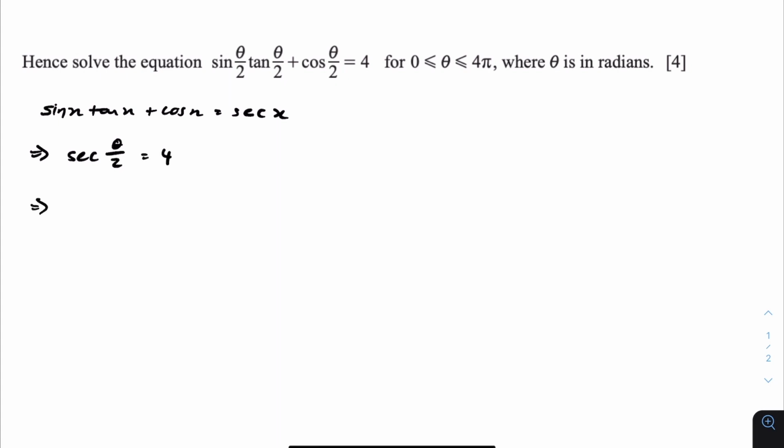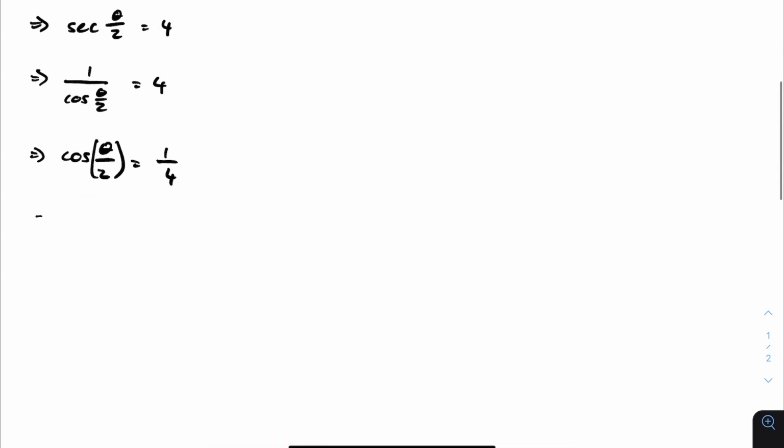That means that 1 over the cosine of theta over 2 is equal to 4. Cosine theta over 2 is equal to 1 over 4. And now we can use the inverse of cosine. So cos negative 1 of 1 over 4 will give us theta over 2.